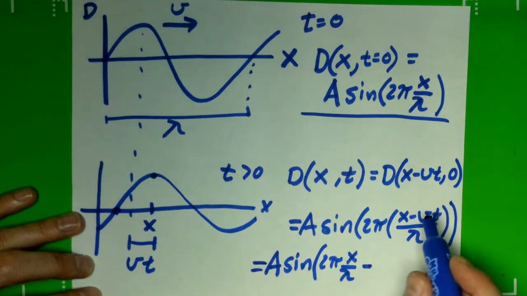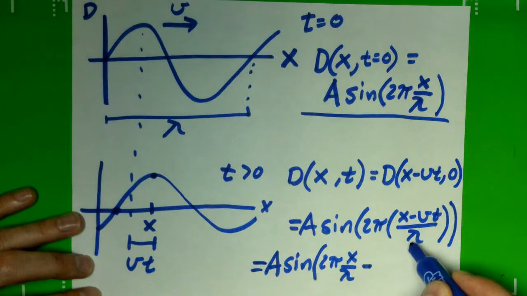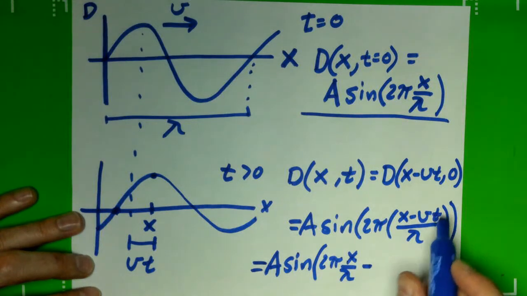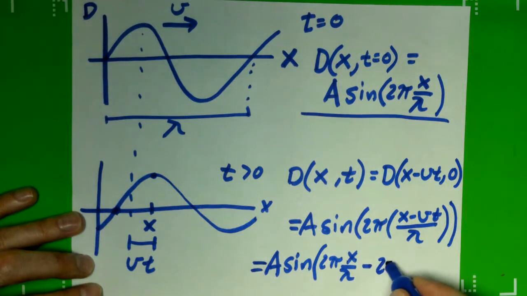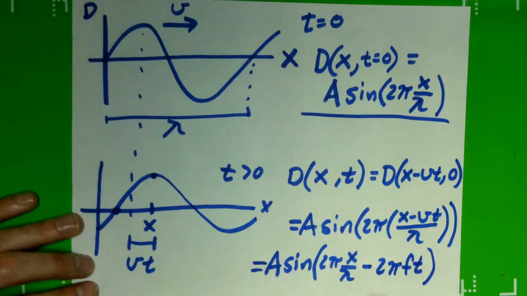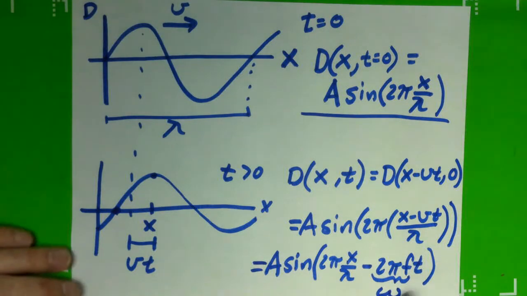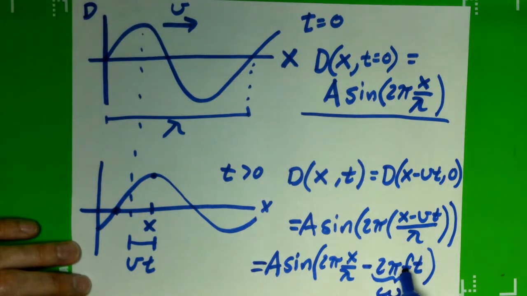If I remember that v over lambda is the same thing as frequency, remember velocity equals lambda times frequency, so the velocity over the wavelength equals frequency. And so this ends up just being 2 pi f times t. One even simpler way of writing that is omega, the angular frequency, because taking 2 pi radians times the regular frequency gives us an angular frequency, this omega here.